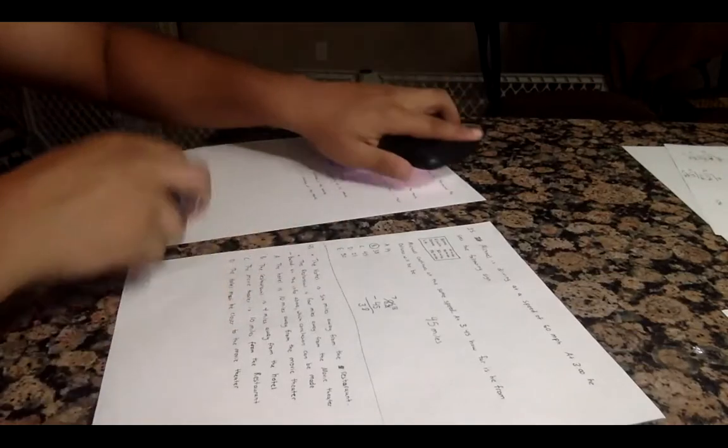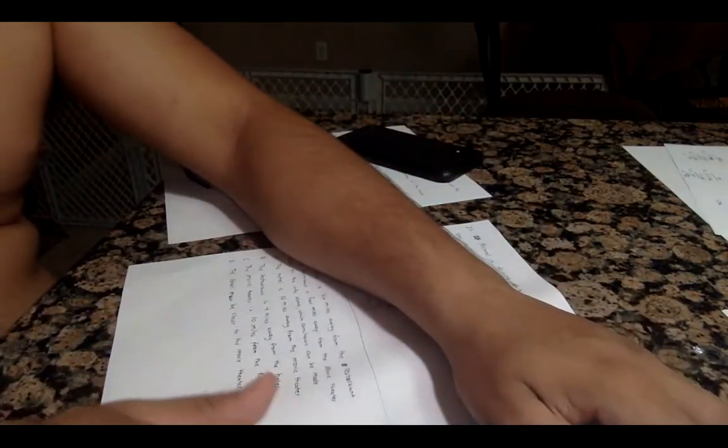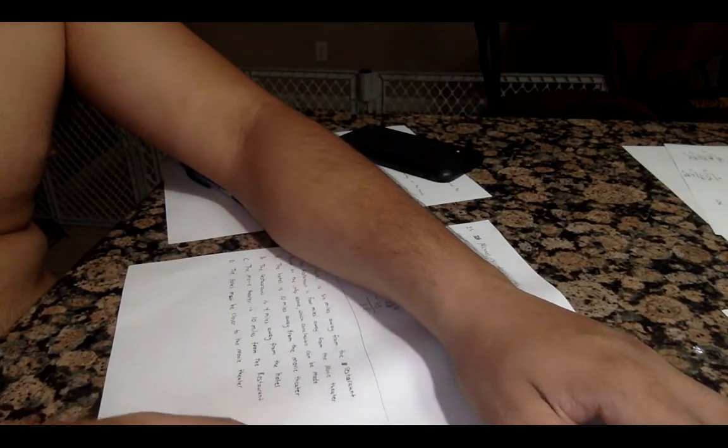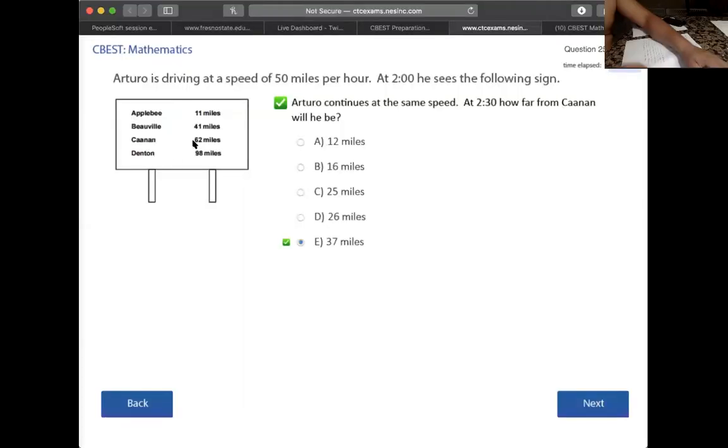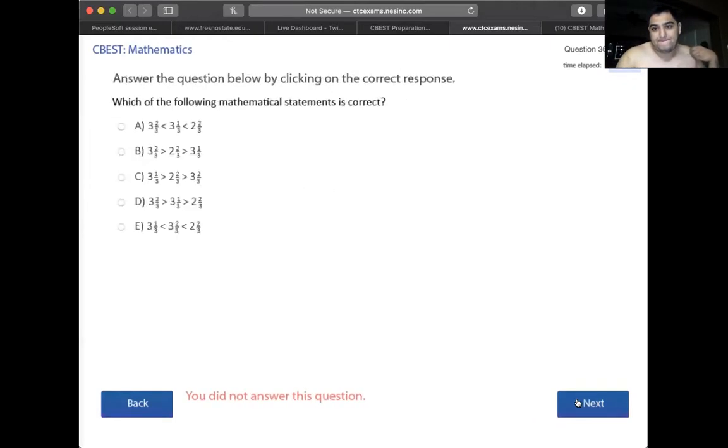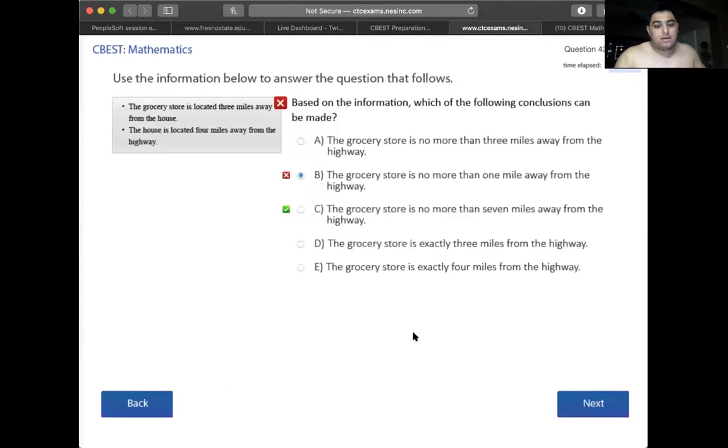Okay, now we're gonna go to 43, and I'm gonna explain why that's the answer. All right. So the grocery store is located 3 miles away from the house. The house is located 4 miles away from the highway, sorry.